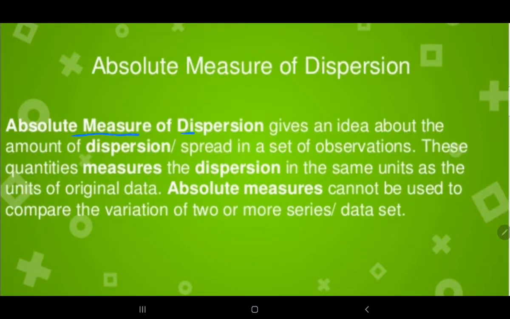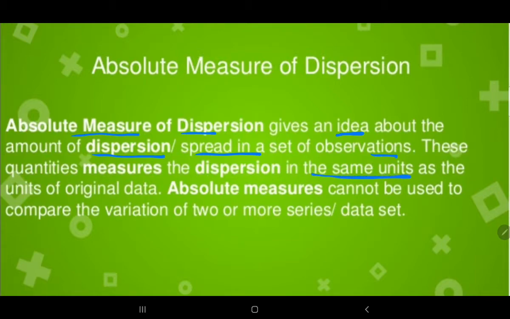The absolute measure of dispersion gives an idea about the amount of dispersion, meaning the spread in a set of observations. These quantities measure the dispersion in the same units.